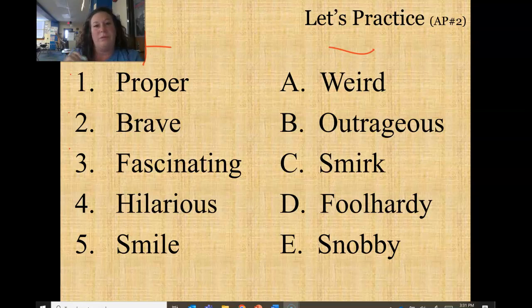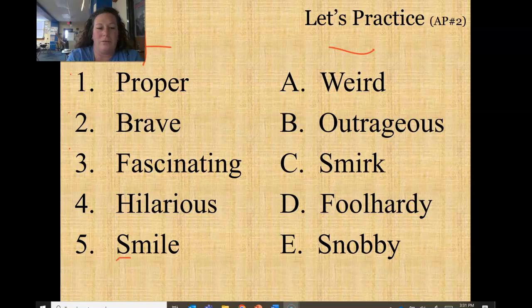But all of the ones with the letters on the right-hand side of your screen, those are all negative connotative words, right? So maybe I don't know exactly what proper means, right? So I might skip that. Brave, I know what brave means, right? But maybe I can't find anything that's on the letter side. So I'm going to try to find something that I know for a fact is actually a match.